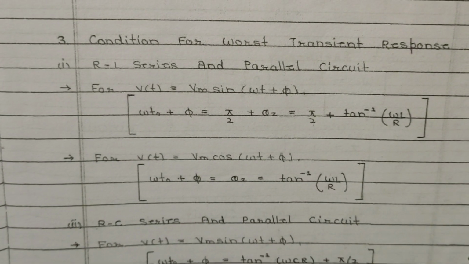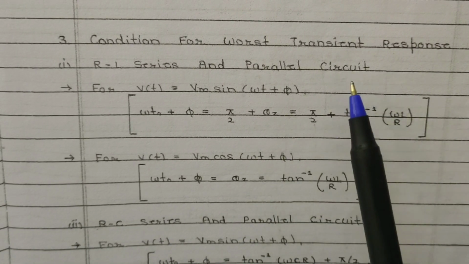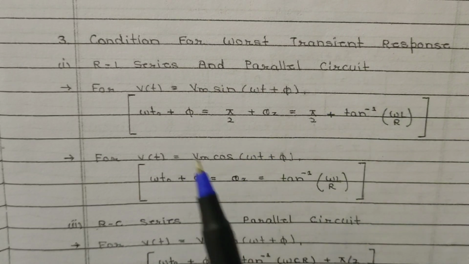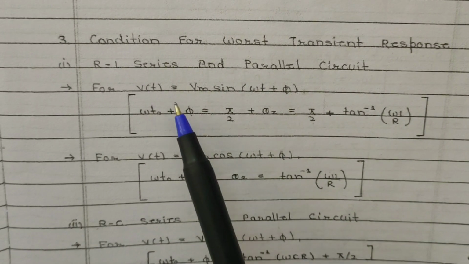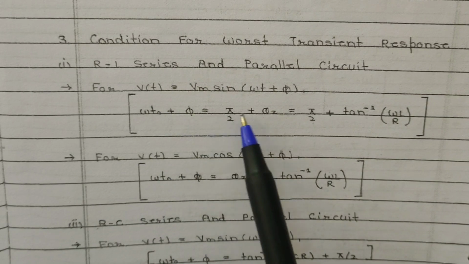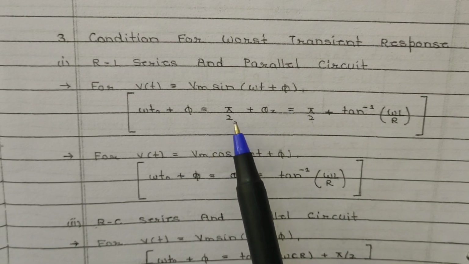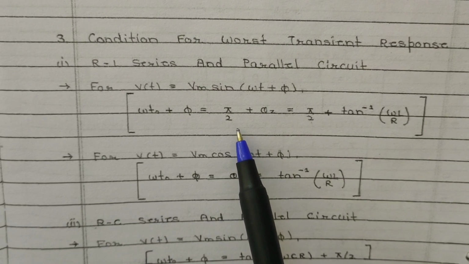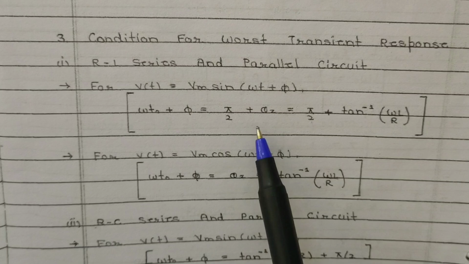The worst transient response occurs by having the storage elements. The condition for the worst transient response, for an RL circuit and parallel RC circuit with source voltage Vm sine omega t plus phi, is that omega t plus phi is replaced, opposite to the transient free response, by 90 degrees plus theta z.